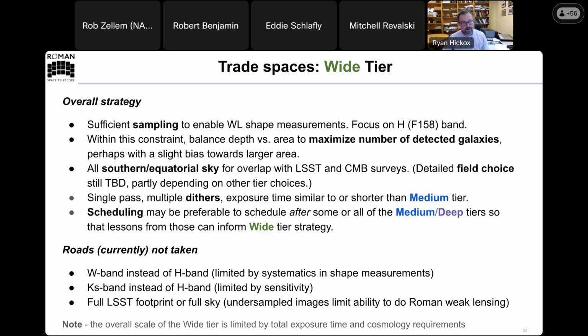So it would be very, very challenging to be able to do all those things in the context of this particular core community survey. I think what we have learned, though, is that there's a lot of really exciting potential general astrophysics surveys or future surveys that could come along that would also be utilizing the capability of Roman to do this stuff. So I'll mention that a little bit later on.